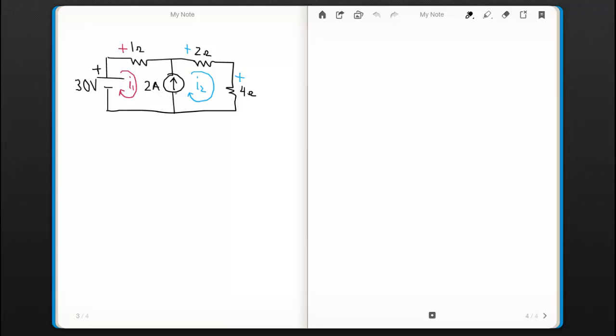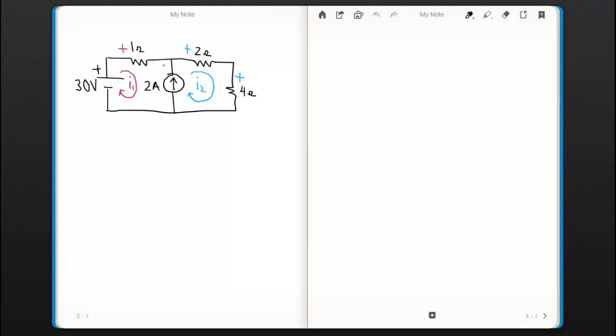2 amp current source. Okay, so when you have a problem like this, you need to define a voltage across the current source, and it's arbitrary how you define the polarity, because remember, if polarity of a voltage is really opposite of how it's defined, well, we just show that with the negative sign in front of the voltage.